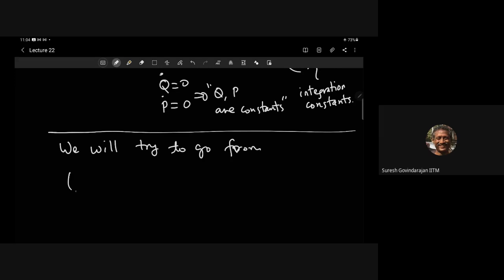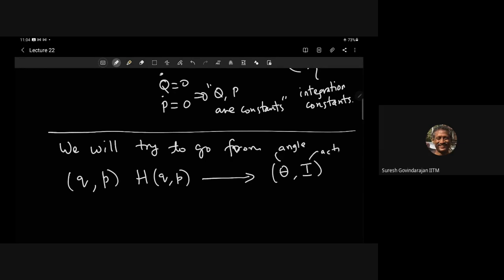from Q, P, and remember I said even though I write Q and P, it could be any number of degrees of freedom, not just one, with Hamiltonian H(Q,P), to new variables, which we will write as theta and I. Okay, these will be angle variables, and these we will call action variables.